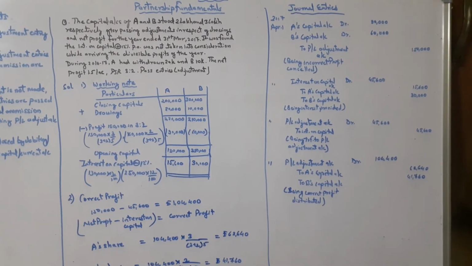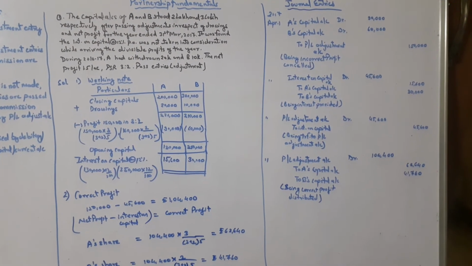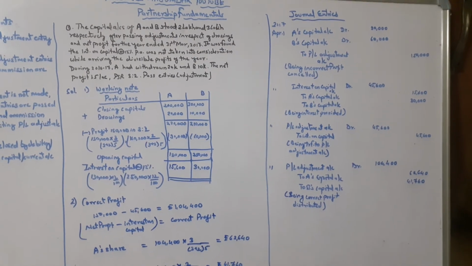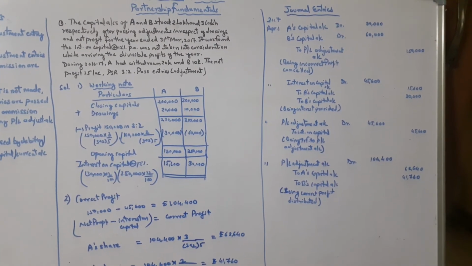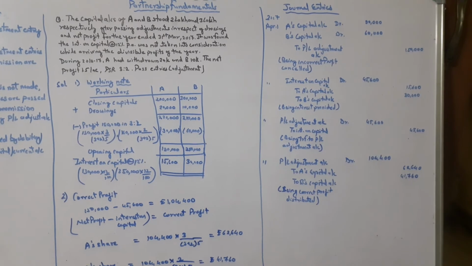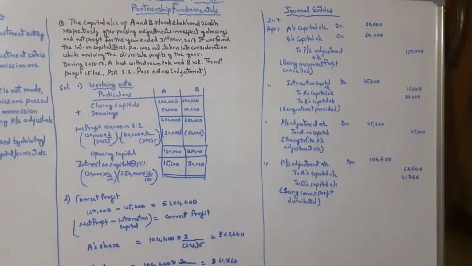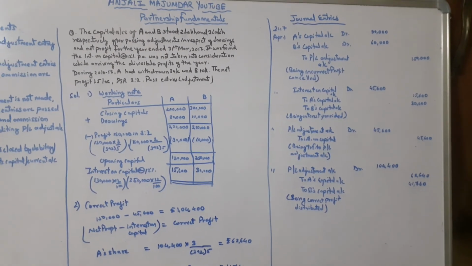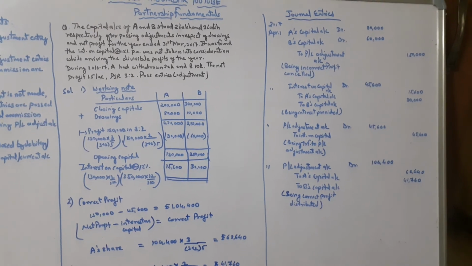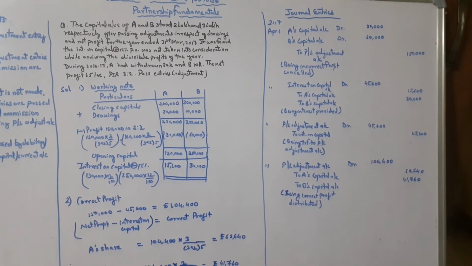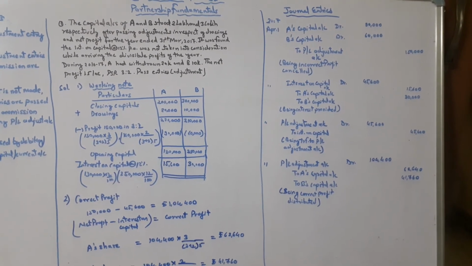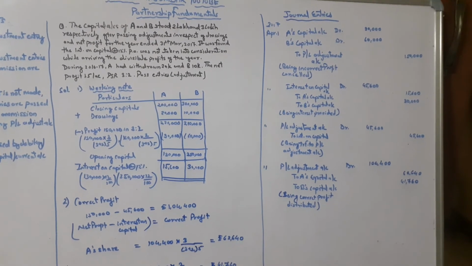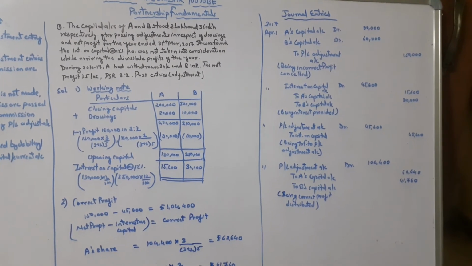Second entry is interest on capital to A's capital and to B's capital. The interest on capital, which we have already calculated in working note number 1, is 45,600 in total, to A's capital 15,600 and to B's capital 30,000. Narration becomes being interest provided. Now third, P&L adjustment account debited to interest on capital account. This interest on capital is transferred to the P&L adjustment account with the entire amount, 45,600.